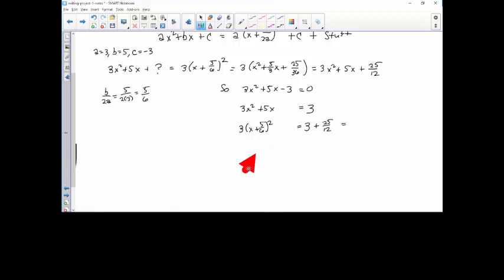Let's see, so that's 3 times 12 is 36 plus 25 all divided by 12, and then it's 36 plus 25 is 61. That sounds familiar. Sounds like what we did last time. So now we've got this. 3 times the quantity x plus 5/6 squared equals 61 over 12.